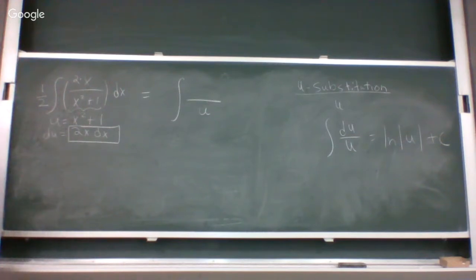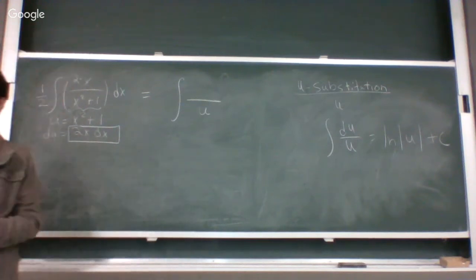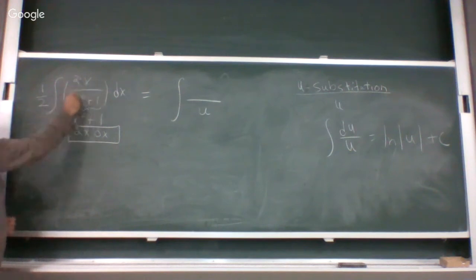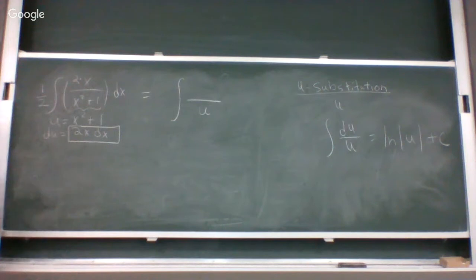Let me write this. So this is where the creative thinking comes in. Make sure you really practice this. This is the same thing as multiplying by a 2 at the top and a 2 in the denominator, except we take out the denominator one.